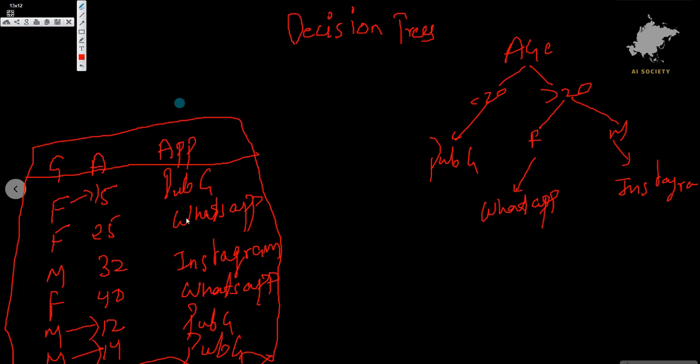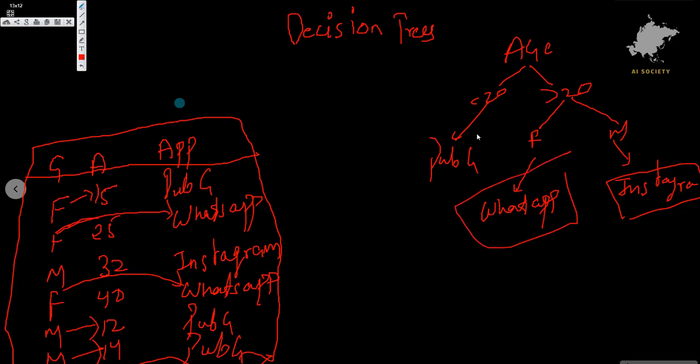All the females above age 20, according to this data set, are downloading WhatsApp, and the male is downloading Instagram. Again, the results will change when the data changes, but this is to help you understand. So if greater than 20 and female, we recommend WhatsApp, and if the person is male, we recommend Instagram. So these are the decision trees. That is how decision trees actually work.